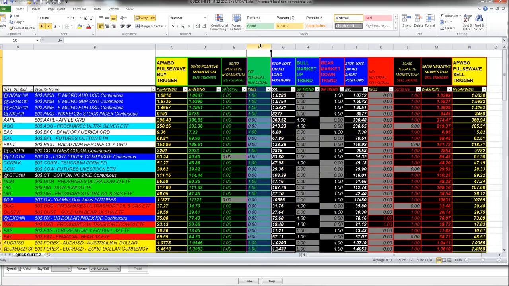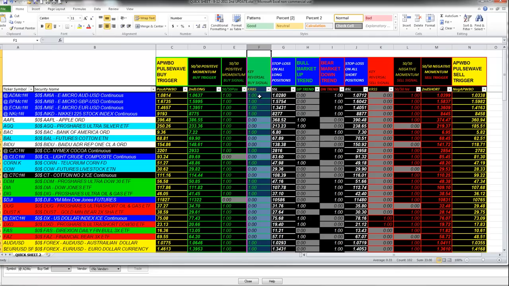Another thing to point out is columns F and K. Column F and K are your key reversal buy and sell signals. When a market has a high probability of reversing, you're going to get a 1 in this column. It's a warning, a heads up that the market is getting ready to do something.